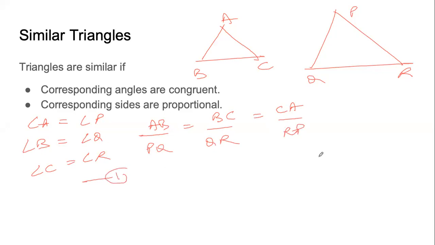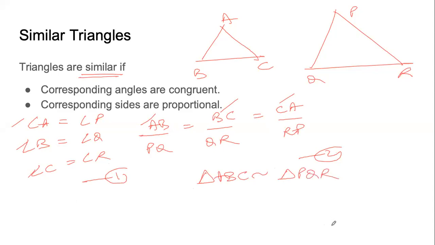This is condition 1, this is condition 2. But you see, even in condition 1, there are 3 parts. Even in condition 2, there are 3 parts. So there are 6 things that should be correct before we say that the triangles are similar. And the symbol is triangle ABC similar to triangle PQR.